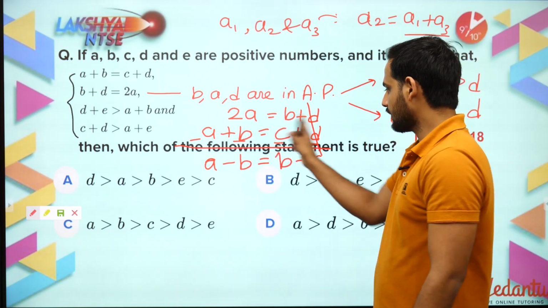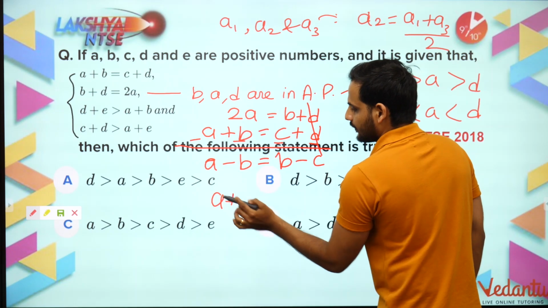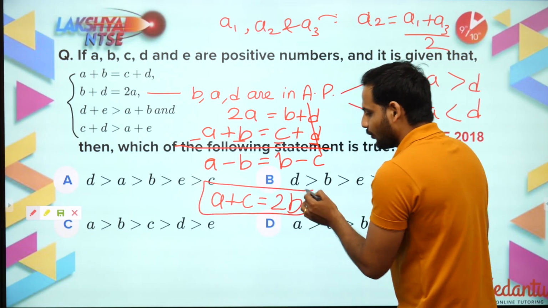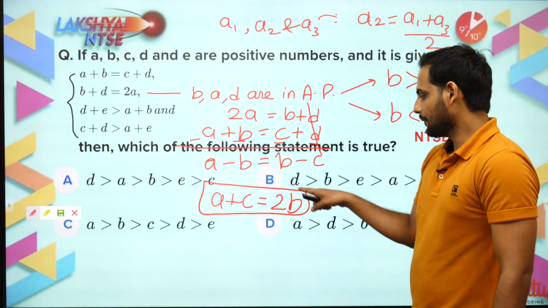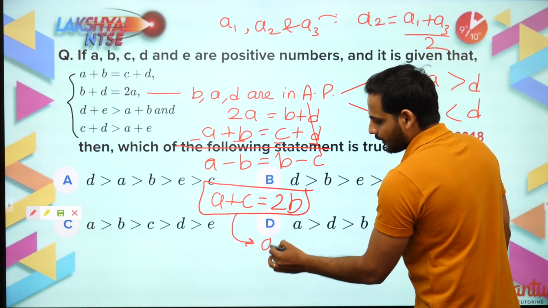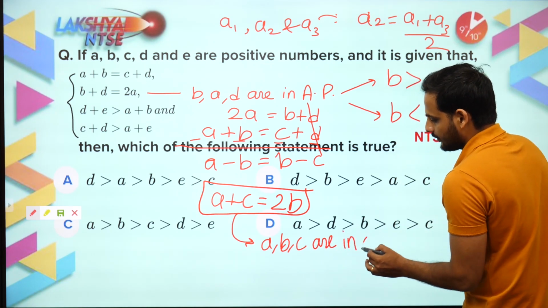Shift this C there, B here, you will be getting A plus C is equal to 2B. And again it tells you that A, B and C are in AP.